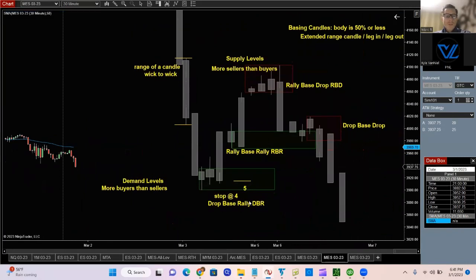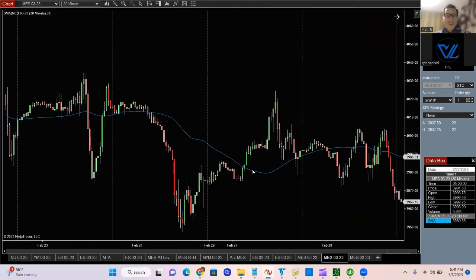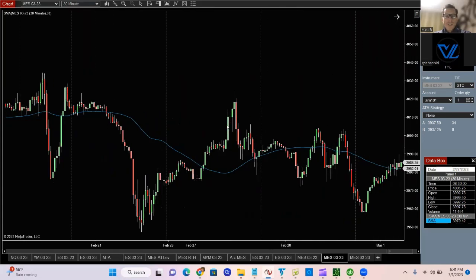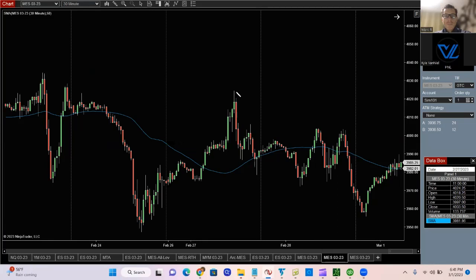identifying levels. Now, clearly, like I said, you don't just walk through the chart and be like, oh, here's an extended range candle, here's a base, here's a base, here's a base, here's an extended range candle. I guess I'm just going to call this whole thing a rally base drop.